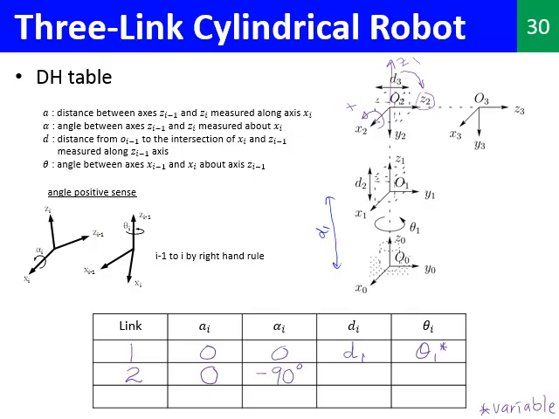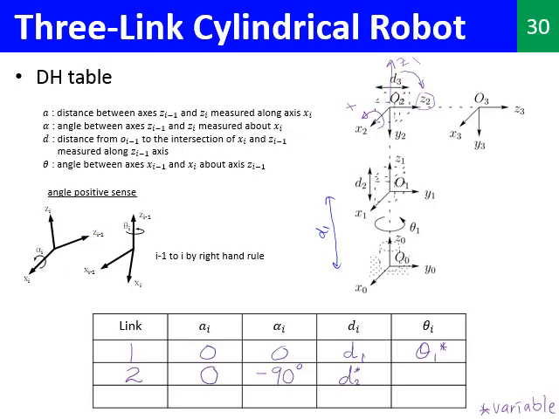Next we have D2. So D2 is from O1. So we have O1 here to the intersection of x2 and Z1. So the intersecting point is here. O1 is here. So we are talking about this distance. But since we have a prismatic joint, that distance is going to be a variable. Okay, so we can put D2 and an asterisk.